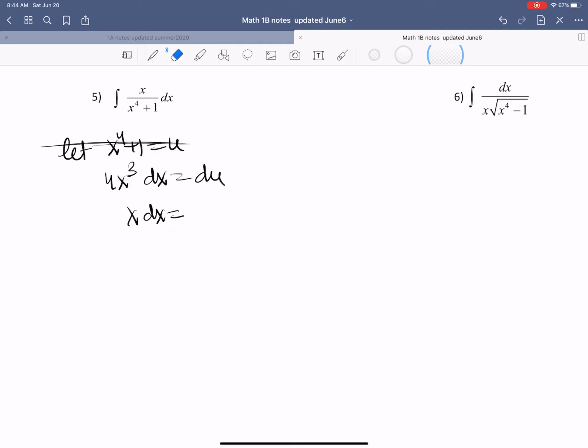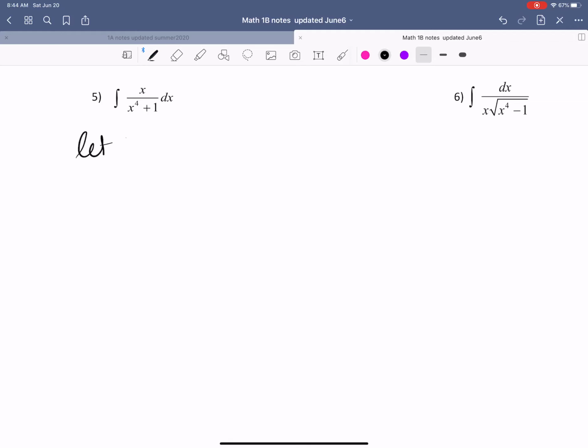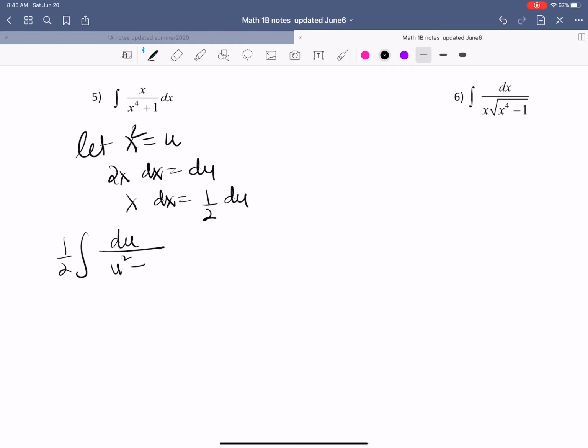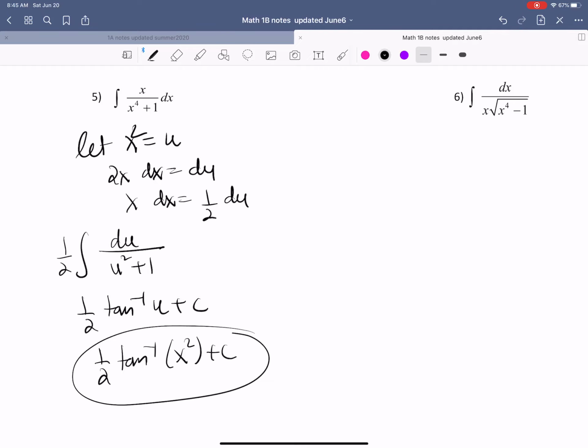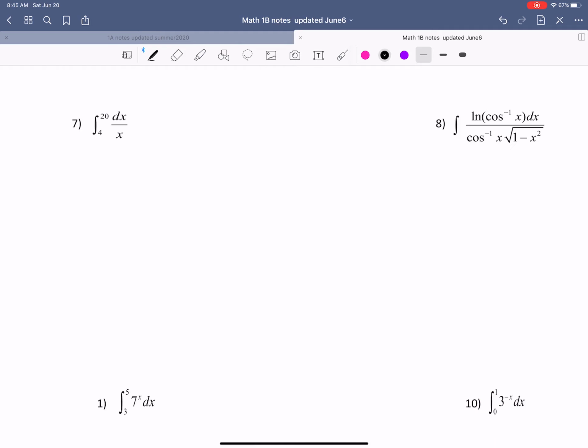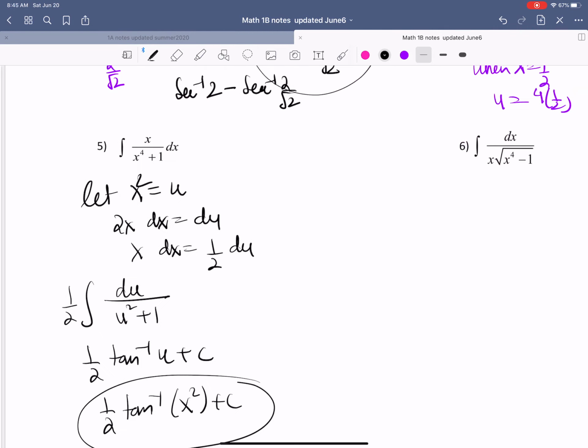Let's not call x to the 4th as u. Let's call x squared as u. 2x dx be du. x dx be 1/2 of du. So we have half of du divided by u squared plus 1, right? And that looks like this would be a tangent inverse u plus c. Now plug your u back in there. We called u as x squared. So it's 1/2 tangent inverse x squared plus c.